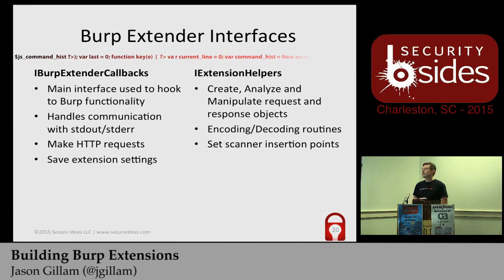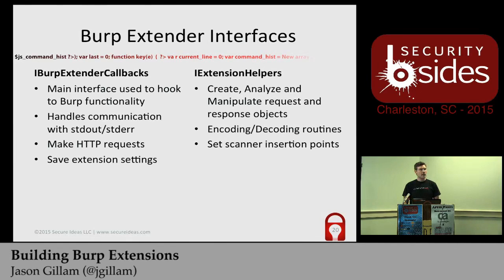Some other important ones to consider: the actual callbacks interface. This is what lets you interact with Burp itself, get into calling all the tools, and so forth. Also, if you want to write anything to standard out or to the output within Burp, that's what you're going to call. You also have your helpers.